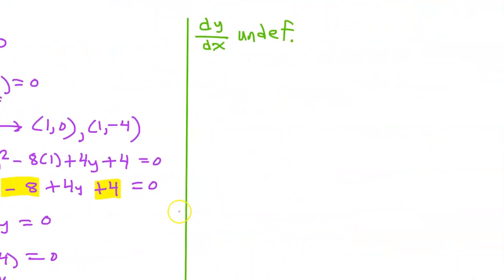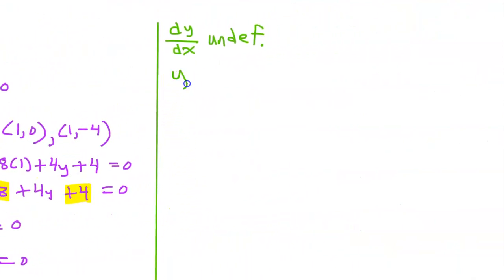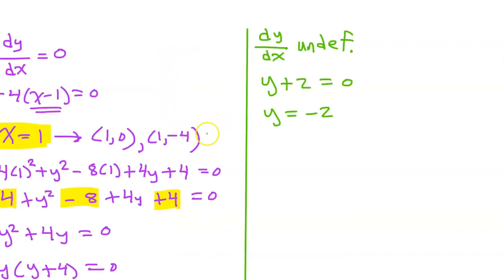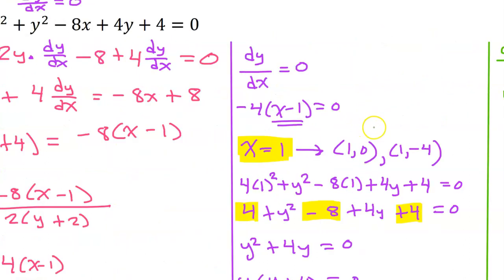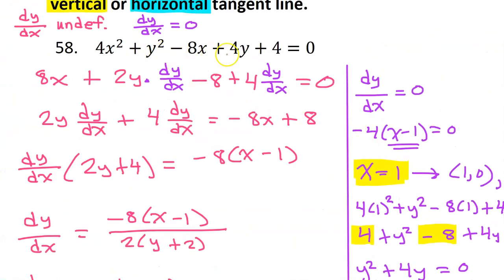So we will have a vertical tangent line when y plus 2 is equal to 0, which means y will equal negative 2. So we need the x value that goes with this y value. So let's go ahead and plug negative 2 in for all of the y values in the original function, and we'll see what we get.